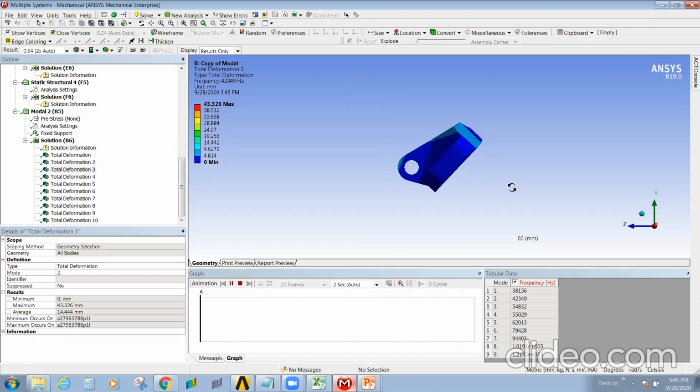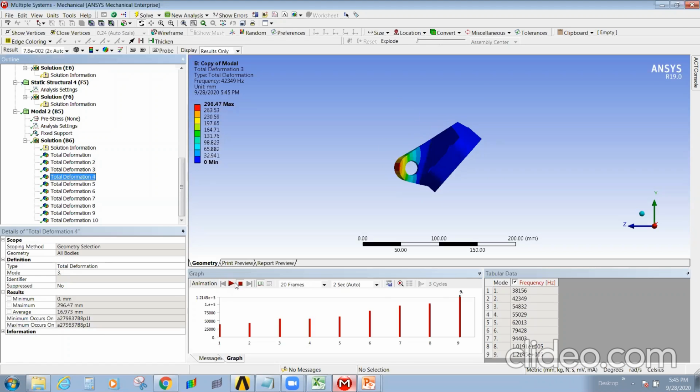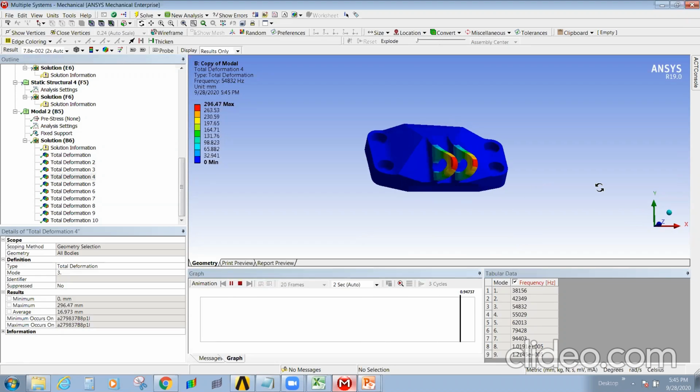The magnitude is 43 with 42349 as your natural frequency in this mode. Again for the third, it changes to another direction. Now you can see it is in this direction, with a magnitude of 296 and a frequency of 54832 hertz.